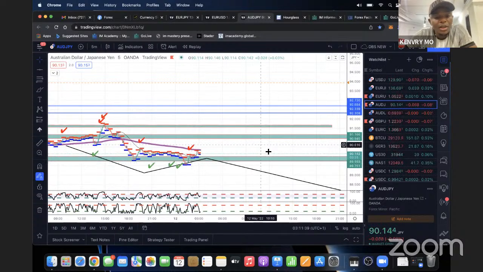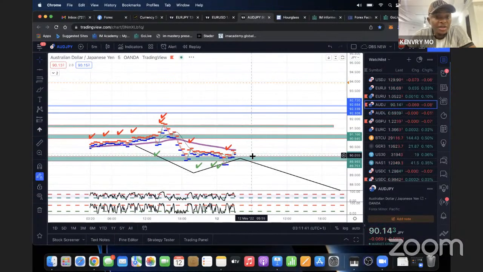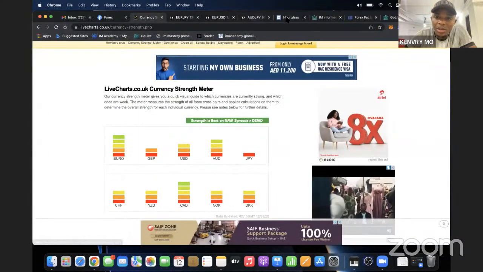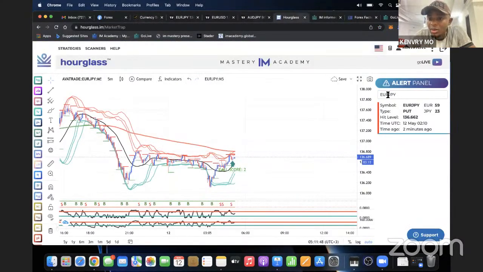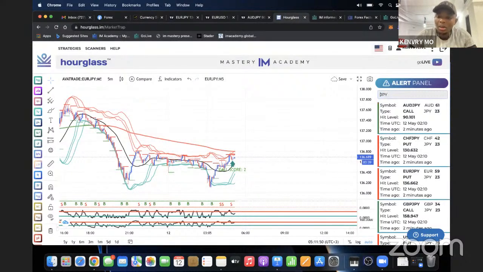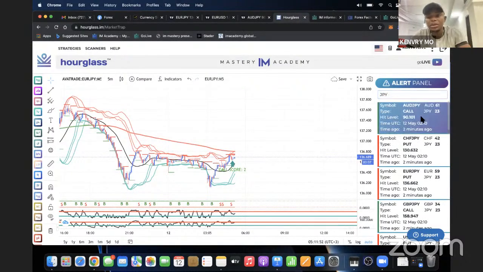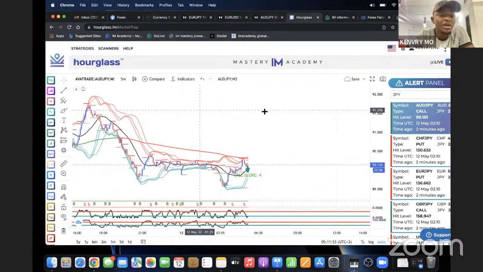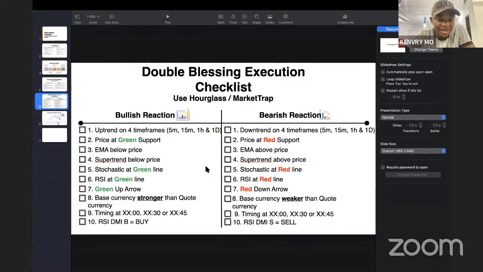So forget what you're seeing here. Okay, let me look at it on hourglass. It's on a bullish sentiment, but on a bearish trend. So it doesn't align. There is conflict of analysis. So when you see things like this, don't go in.